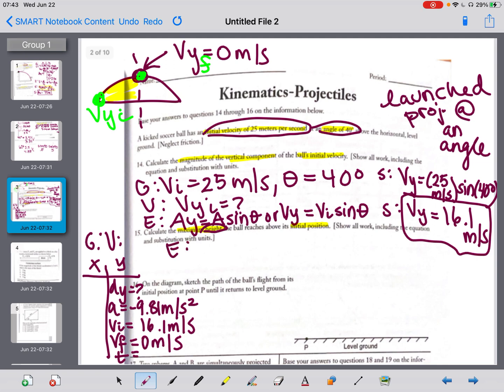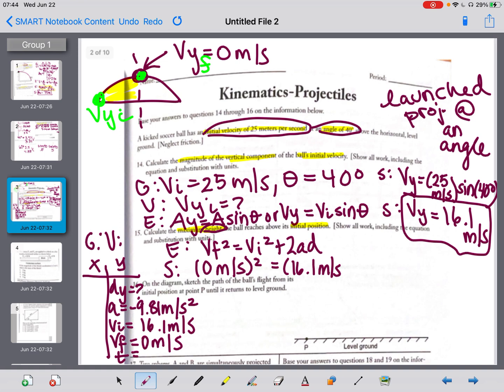Again, you're going to be on page 6, the mechanics section. You're going to look at our kinematics formulas, and you want something with a D, A, VI, and VF. So that formula looks like the following: VF squared equals VI squared plus 2AD. And you're just going to substitute. So VF squared is going to be 0 meters per second, squared, equals 16.1 meters per second, squared.